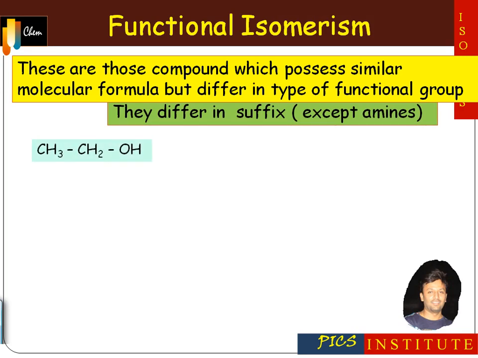For example, in the first compound, the functional group is OH, that is alcohol. If we shift CH2 towards the other side, the compound formed will be ether. So the functional isomer of alcohol is ether.